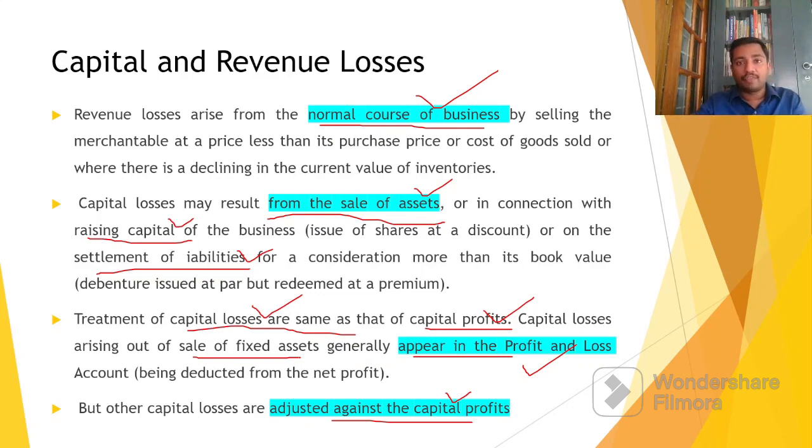All other profits and losses will be adjusted against the concerned capital profit or capital losses. The capital losses will be adjusted against the capital profit values. So these are the major topics: capital profit, capital losses, revenue profits and revenue losses, then capital receipts and revenue receipts. So this is clear, I think.